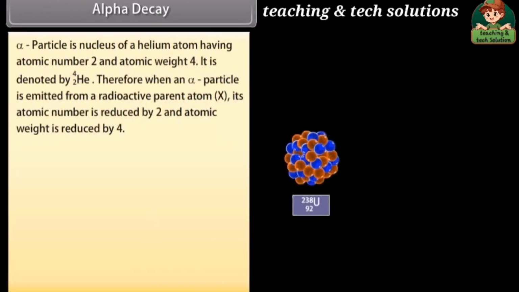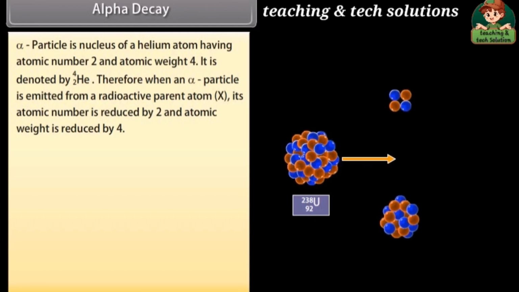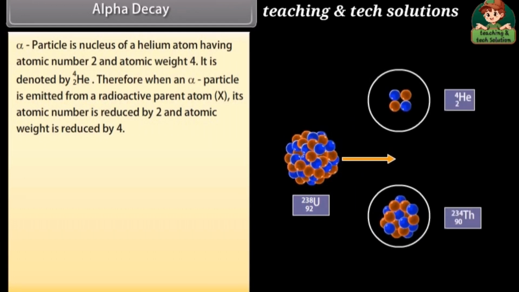Alpha decay. Alpha particle is the nucleus of a helium atom having atomic number 2 and atomic weight 4. It is denoted by, therefore, when an alpha particle is emitted from a radioactive parent atom X, its atomic number is reduced by 2 and atomic weight is reduced by 4.